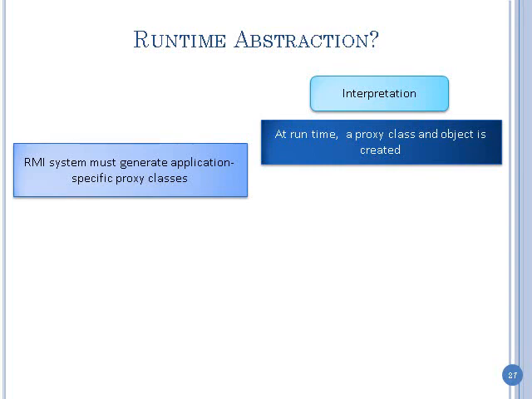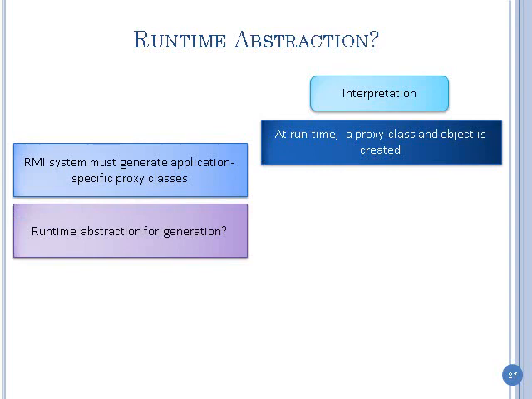Proxy classes for different interfaces are different, right? So it's not as if there's one proxy class. There's a different proxy class for each kind of remote class. So this must mean that the RMI system has to generate this code. Either Java RMI did it or GIPC did it.